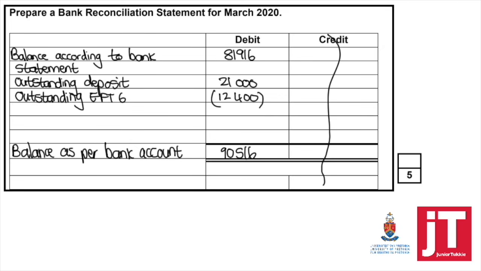Outstanding EFT means on the debit side, payments being made, it means it must be in brackets. When we're doing the 1-column method, the balance as per bank account becomes the balancing figure at the bottom. And you know that you've done this 100% correct if it's exactly the same as the balance in your bank account in question number 1.2.